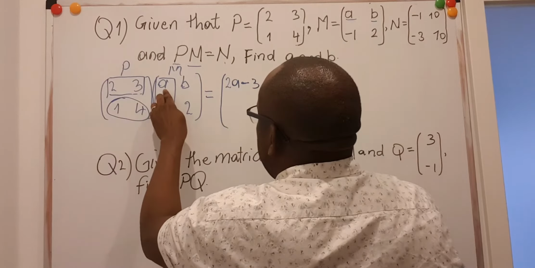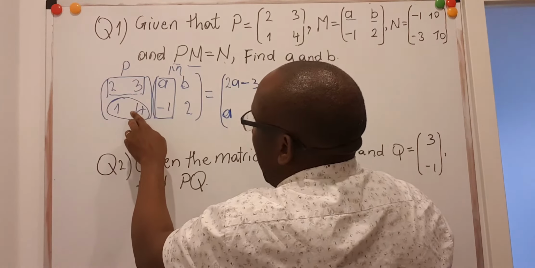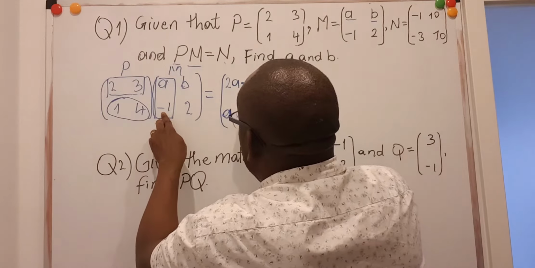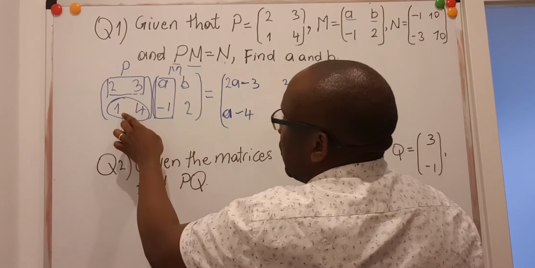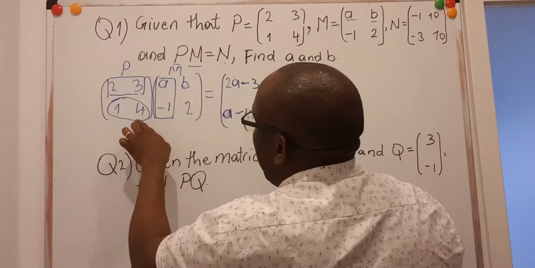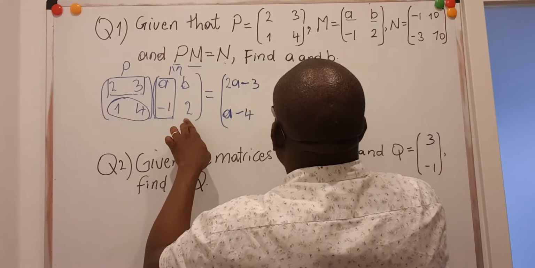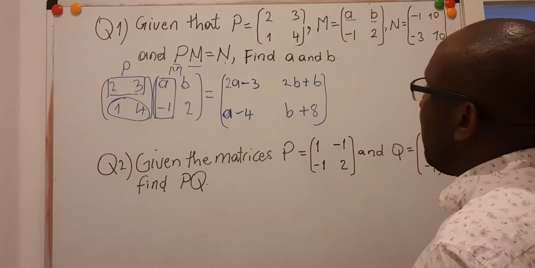So 1 times A is A, plus 4 times minus 1 is minus 4. I do the same with this. So 1 times B is B, plus 4 times 2 is 8. So these are the elements of my new matrix.